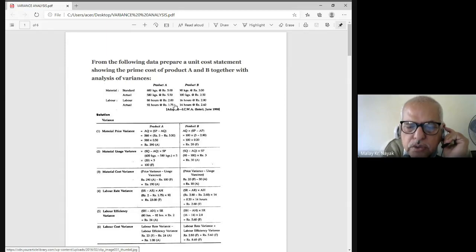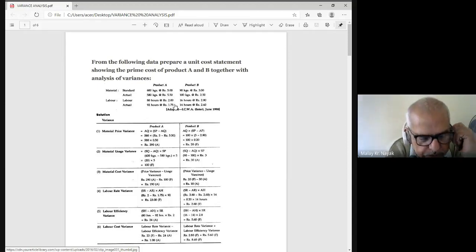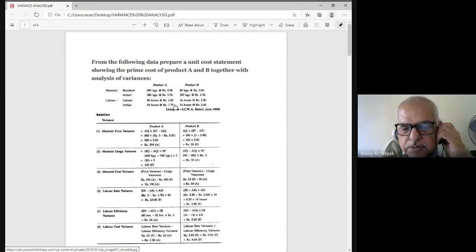Then 92 into AR 1.75 minus 2. You should not regard the minus figure. Therefore, what is the figure? 0.25, is it not? 0.25 into 92, that is 23.